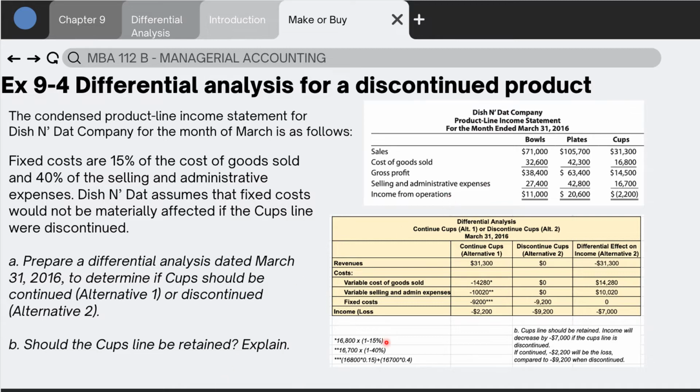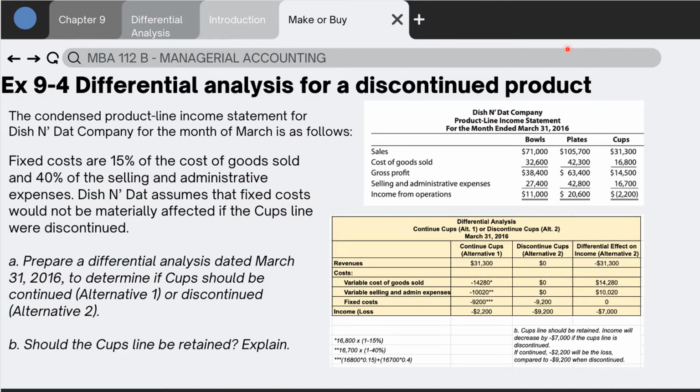So in this table is a differential analysis whether to continue the cups or discontinue the cups. So we are now considering this column, the cups. For revenues, if we're going to continue the cups, it is at $31,300, and then for the variable cost of goods sold, it's negative $14,280.